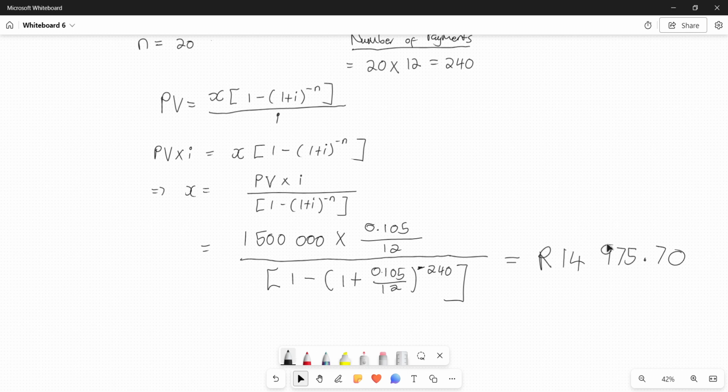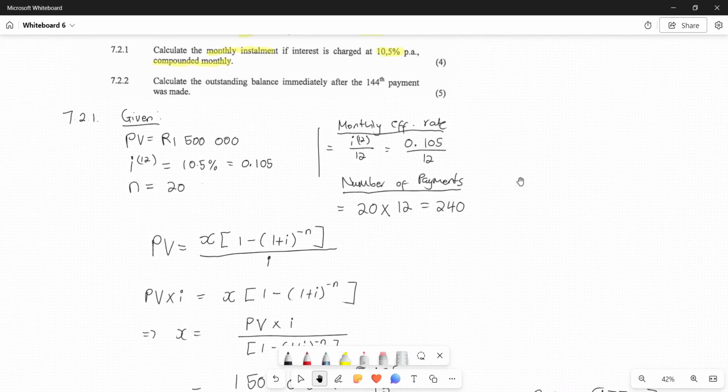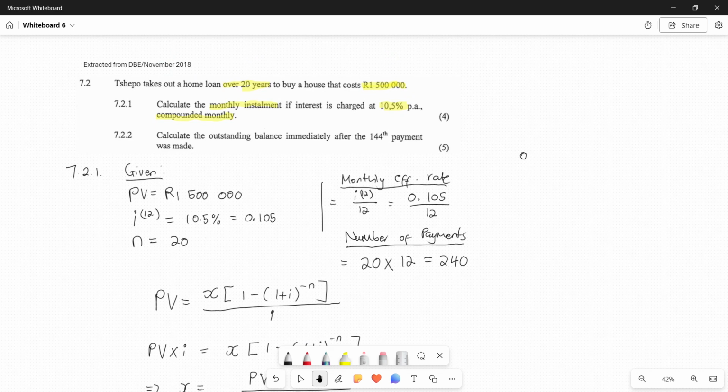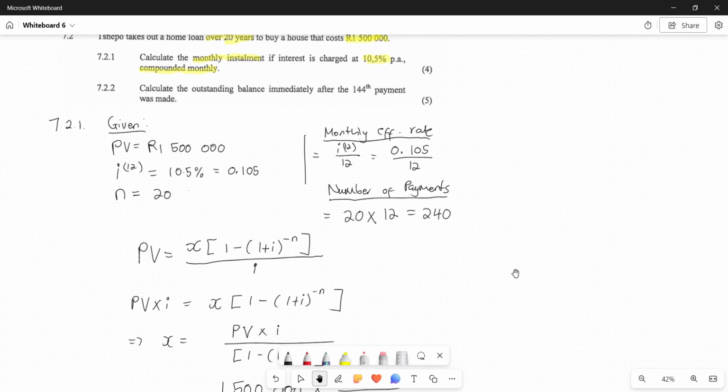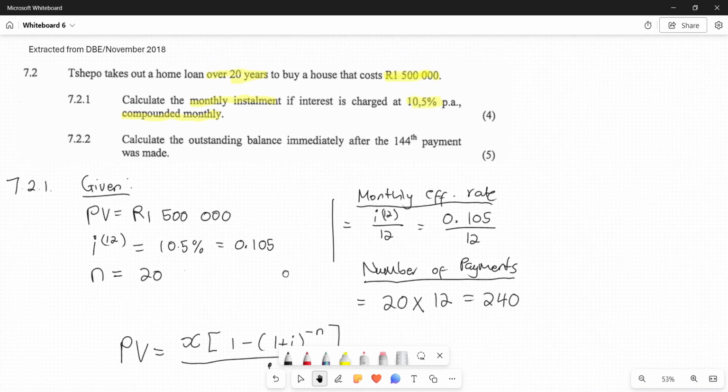So this will be our monthly installment. So that's how you calculate your monthly installment if you are given the present value and the nominal rate that you had to convert to the monthly effective rate. That's all we're given.